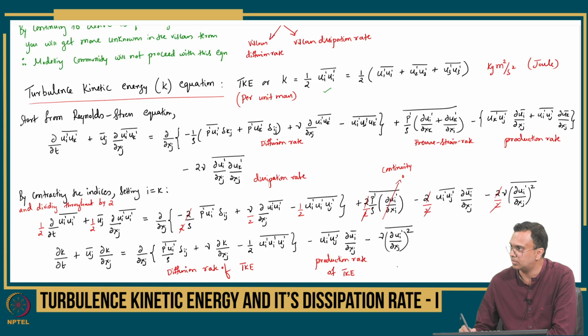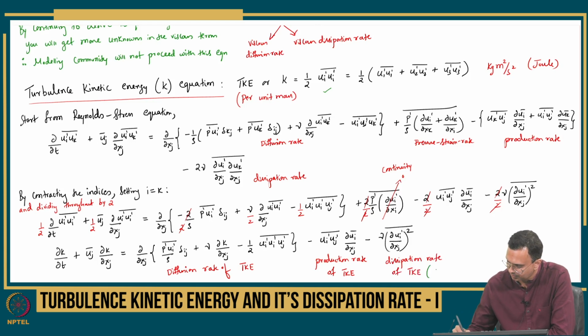Okay, the dissipation rate of turbulence kinetic energy is also symbolically used as the epsilon term.